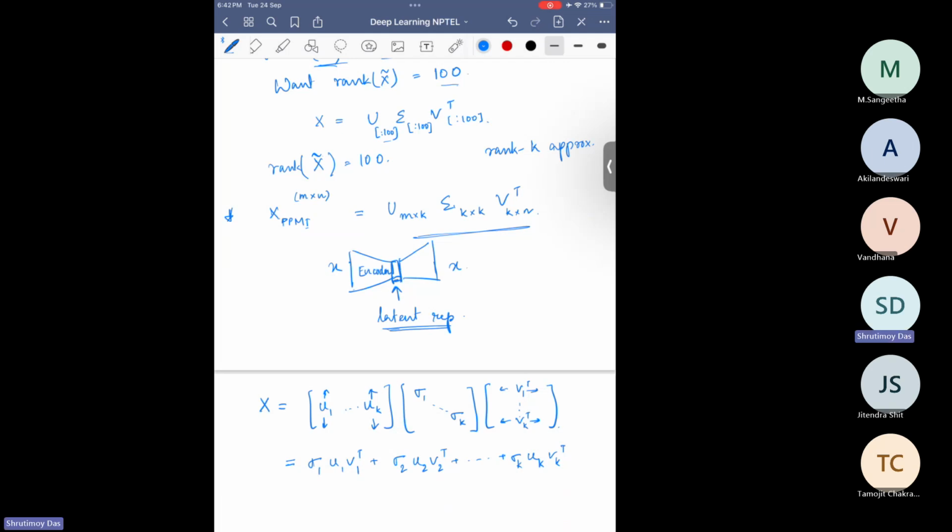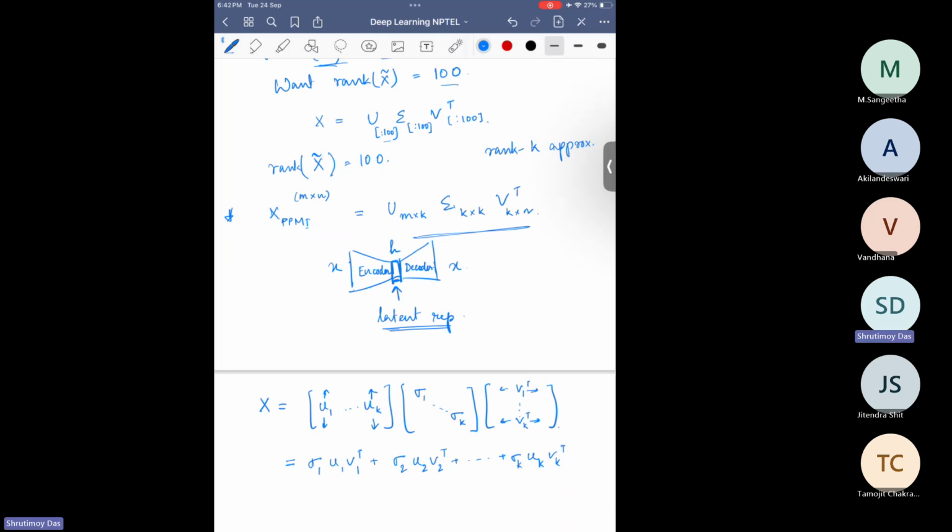We got some vector h here, and then once we get this vector h, we passed it to the decoder so that using h you are able to reconstruct x again, right? So that means h is a representation of x in some space.